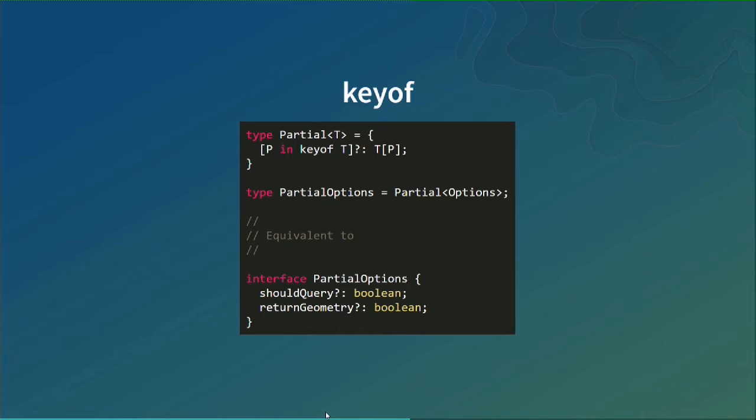I understand, when I say that, it's pretty difficult also for me to explain it like this. But the way that works is then the same as what you see here. So if I say type PartialOptions would be Partial of Options, it's actually completely equivalent to writing this interface PartialOptions where all of those fields are optional. There's a couple of other useful things you can do with keyof, but it's all based on the same kind of concept.